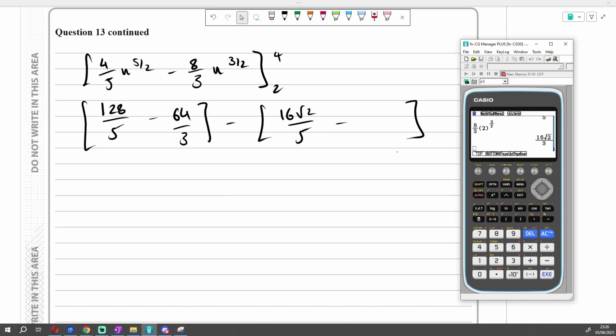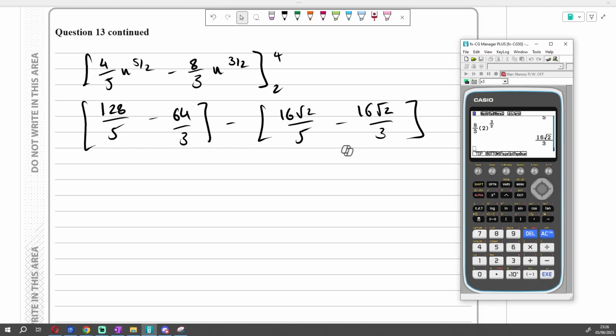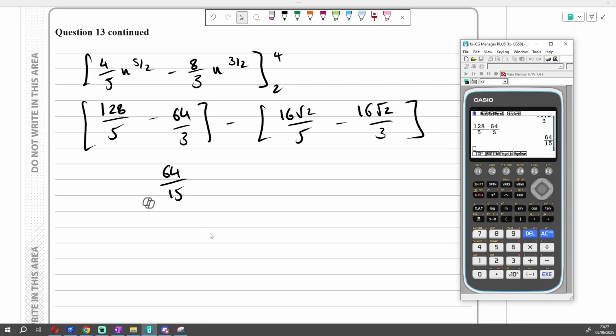Oh, this one's 16 root 2 over 3. Okay, and if we go ahead and combine these, well, 128 over 5 minus 64 over 3 gives you 64 over 15.